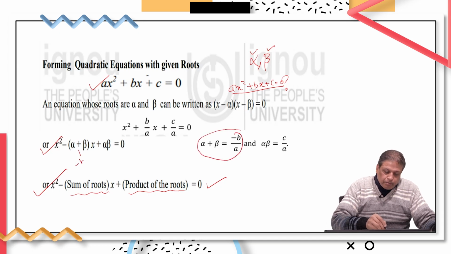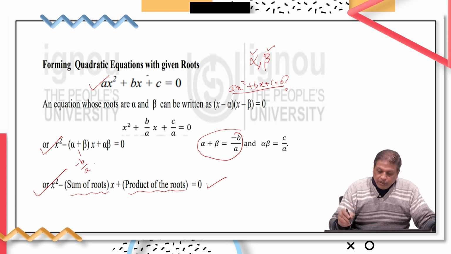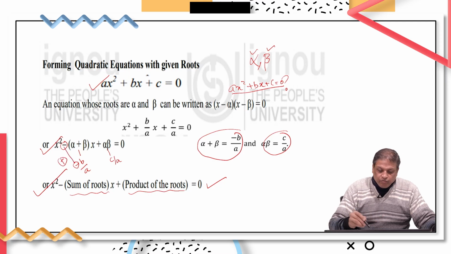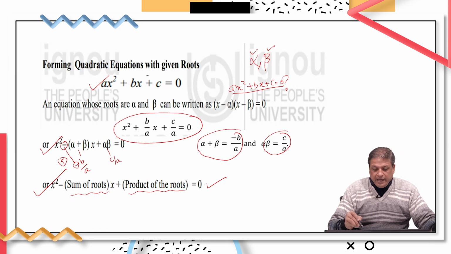Substituting minus b by a over here, and alpha beta equal to c by a, because there is already a minus sign, minus and minus will return plus. As a result, the quadratic equation will be x square plus b by a x plus c by a.